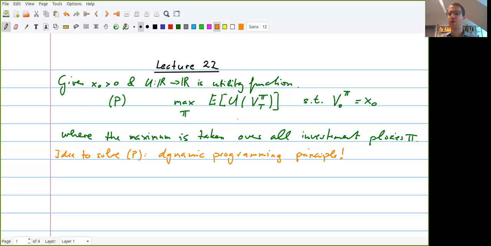And the dynamic programming principle tells us, okay, so let's always solve the one-step optimization problem. So we solve at each step a maximization problem, maximizing basically our gains in this trading period. And then taking all these local optimal trading strategies together, we get the global optimal trading strategy.